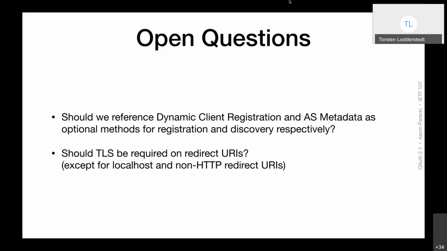And Torsten, while you're here, can you remind me what the security BCP says around that? Does it make any additional requirements around redirect URIs? I'm not sure. I think we assumed that's already a requirement. That's why we did not add anything to the BCP. Daniel, you're on the call as well. Can you confirm?